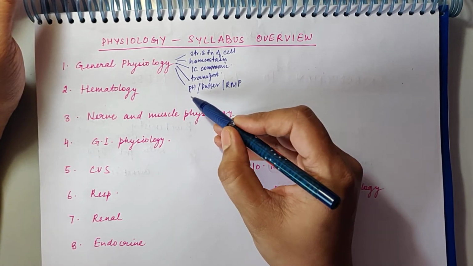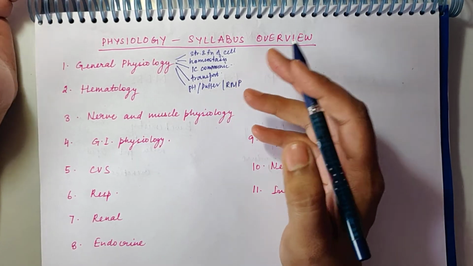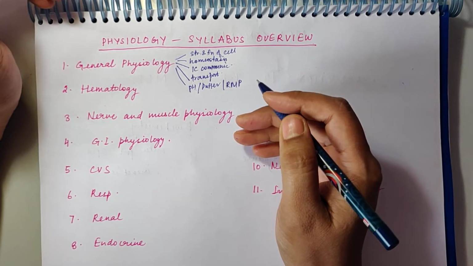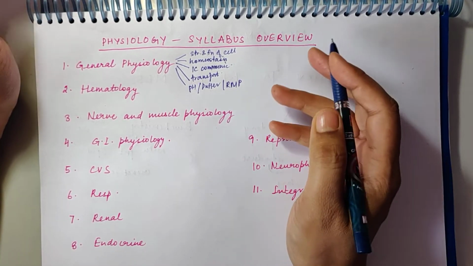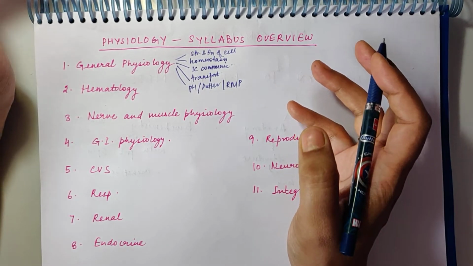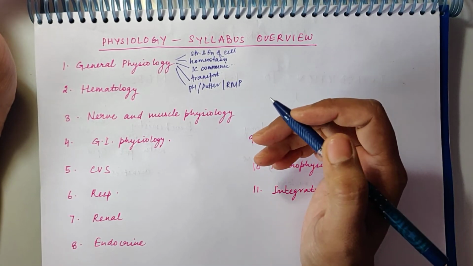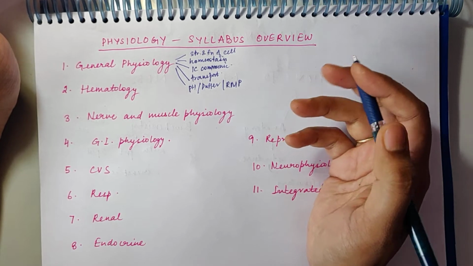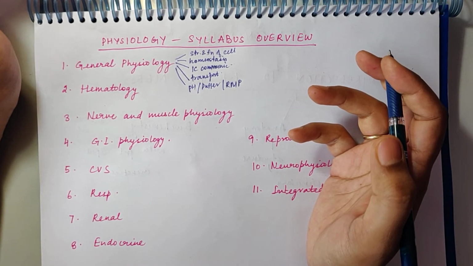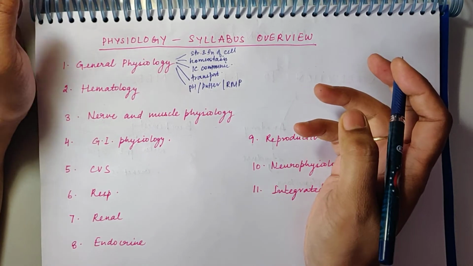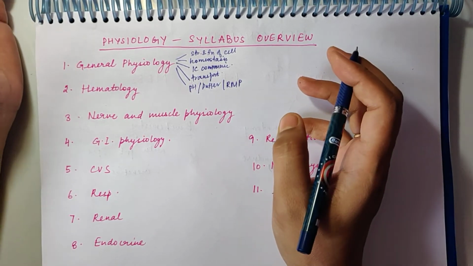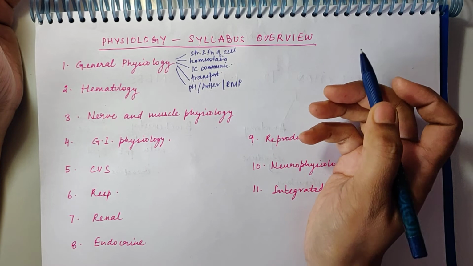Then the importance of pH, what are the different buffer systems active in our body, how is pH regulated, and what range do we have to maintain. Also a little bit about what happens if that pH gets deranged: acidosis and alkalosis, the metabolic form and the respiratory form. We'll talk about that also.